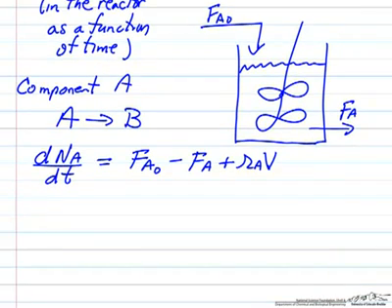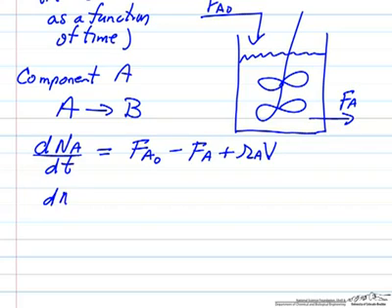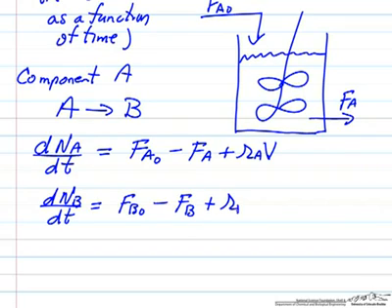Then we're often going to find it easier to also write the mass balance for component B. In general, B could be flowing into the reactor, B is leaving, and there is the rate of reaction of B times volume.